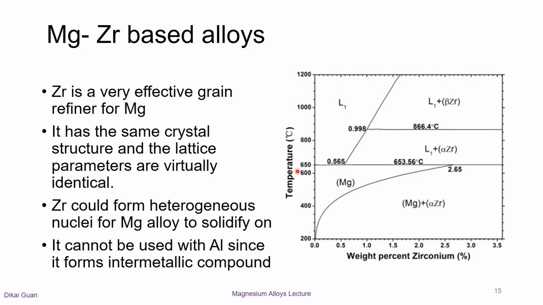The phase diagram shows the solubility of zirconium in magnesium is 2.7 mass% at the melting temperature of magnesium and decreases to 0.2 mass% at room temperature. Thus, during cooling, zirconium could form heterogeneous nuclei for magnesium alloy to solidify on.